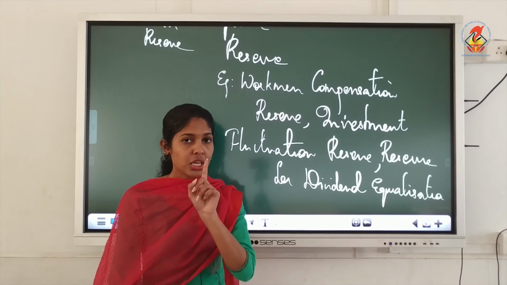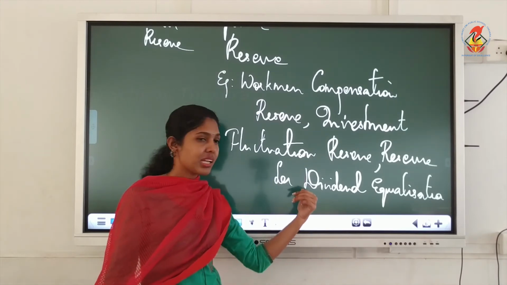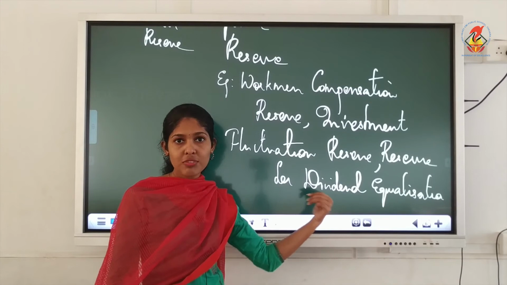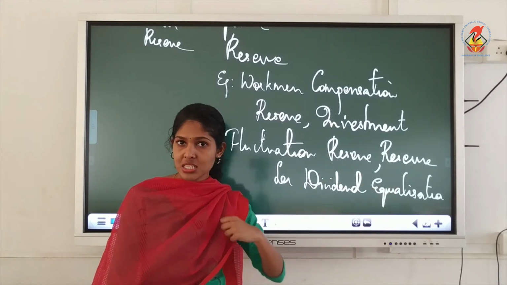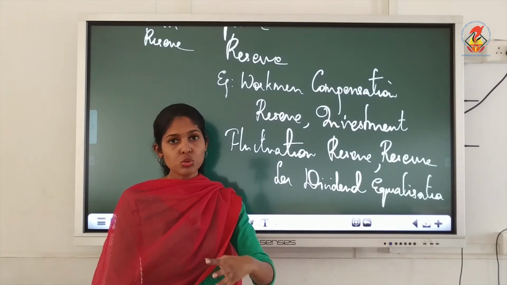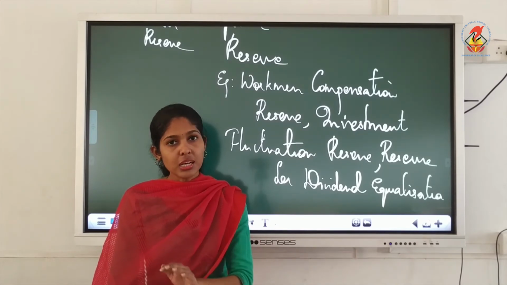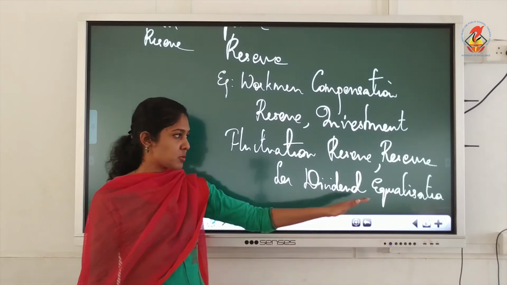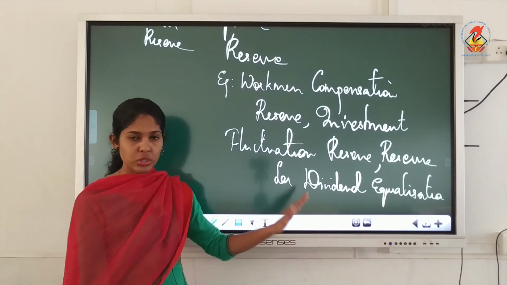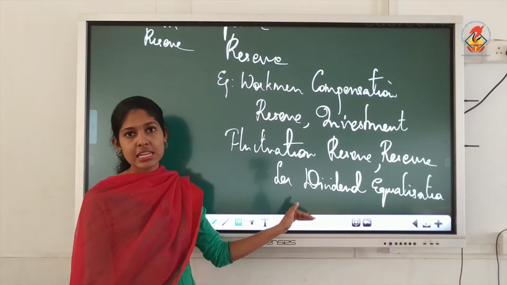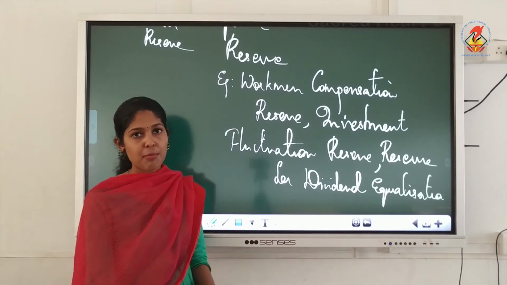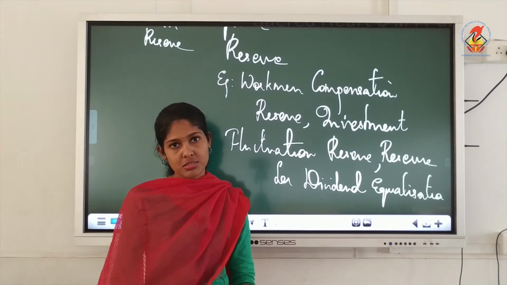At that time you can use this reserve for dividend equalization we created last year. That amount we can use and we can distribute dividend even if there is a loss in the next year. I just explained the meaning. You don't have to go into detail. You just write these names as examples for specific reserve.